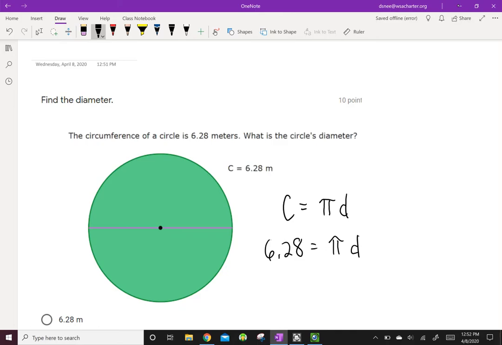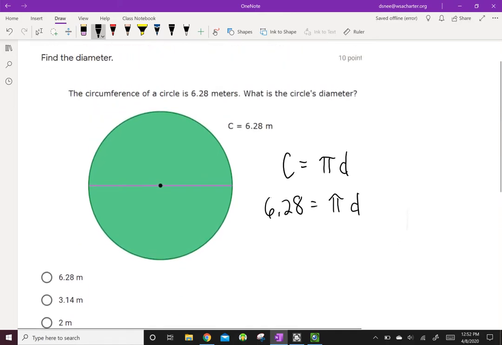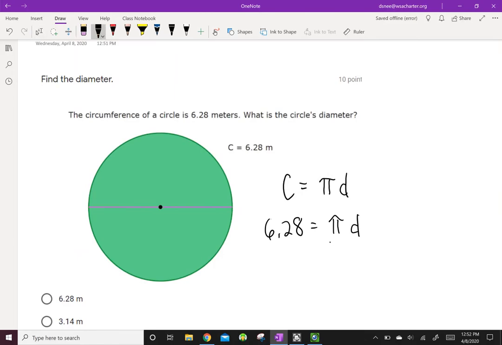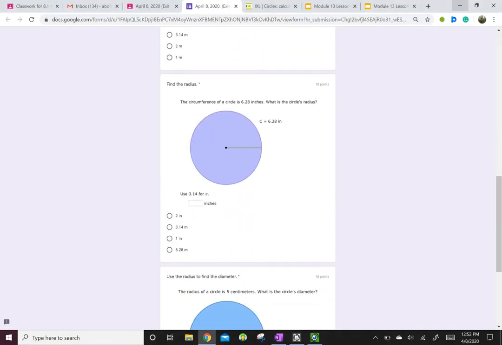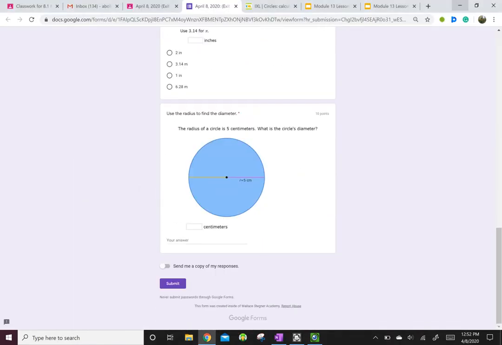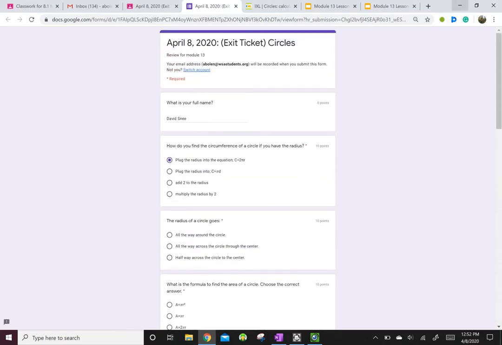Okay, so you're going to divide both sides by pi to find the diameter. And that's it for that one. Okay, and when you finish up, you're just going to submit that at the bottom, and it'll give you some feedback right away. And that's all your work for the day.